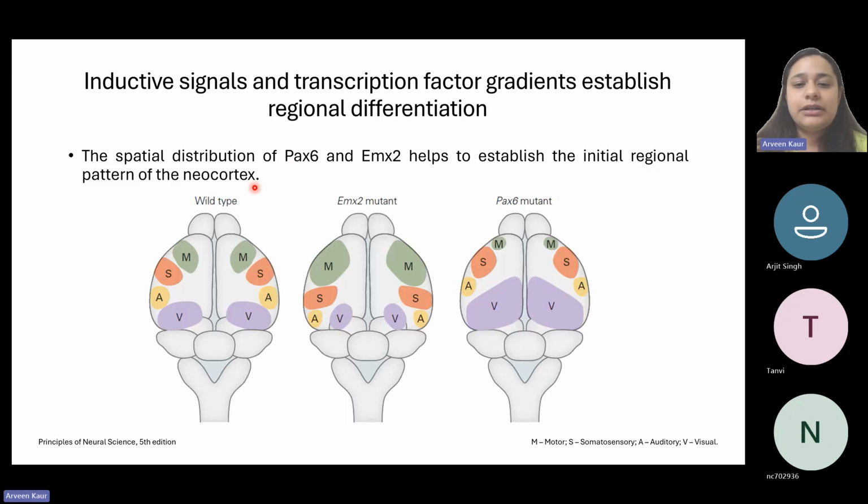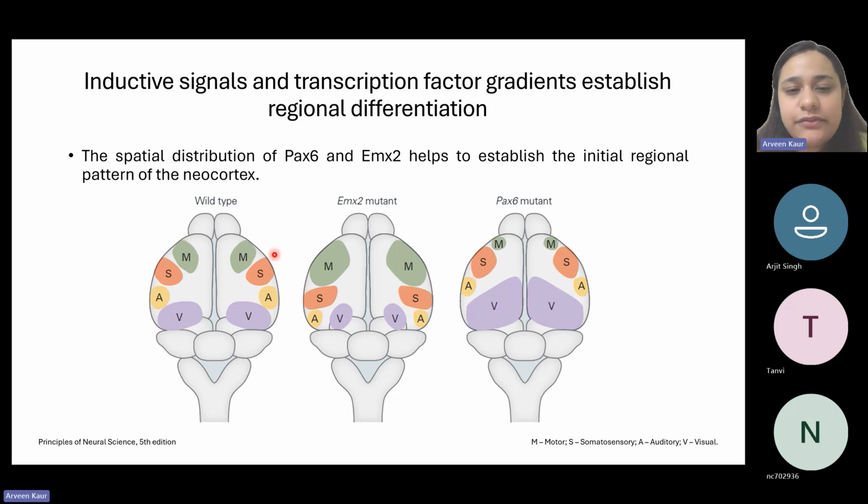Right? So how is that? Because this end, wherein PAX6 is more active, develops the motor cortex and the sensory cortex, where EMX2 is more active, it develops the visual cortex and the auditory cortex, right? By nature, they are not always similar in size, right?